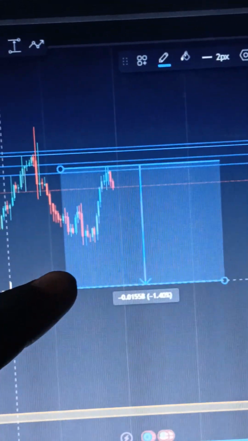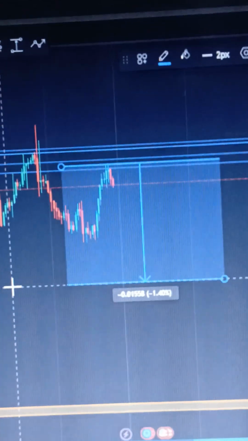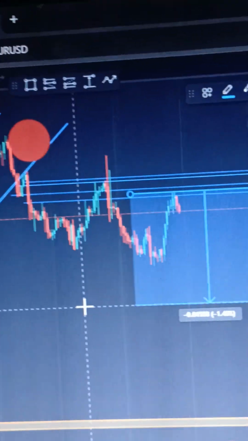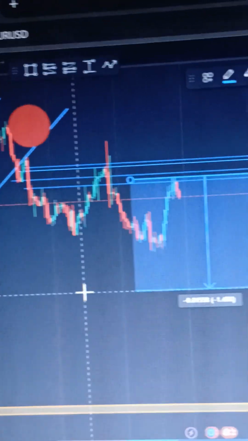From up here, we are going to be targeting down to this side. And as soon as we get to this side, we are going to be looking for a re-entry to the downside. Why am I saying we should target here first?